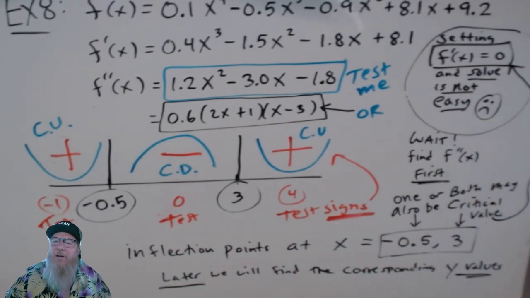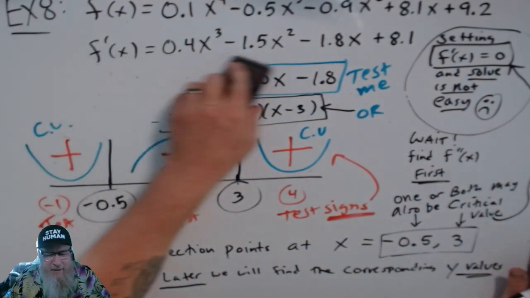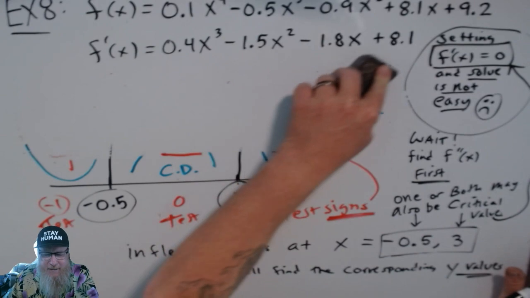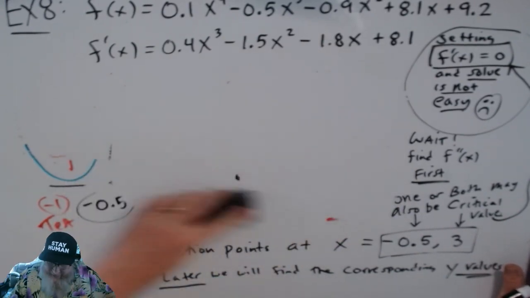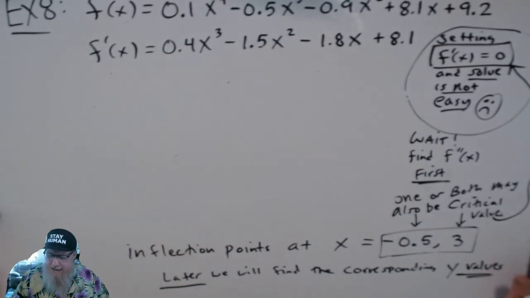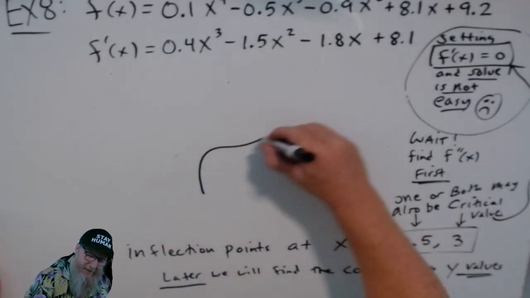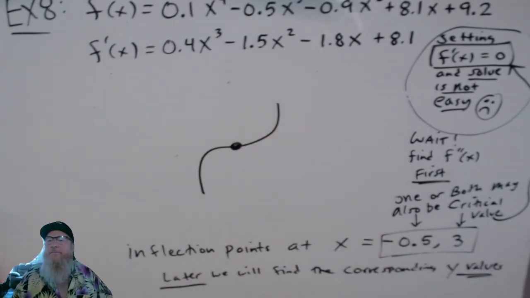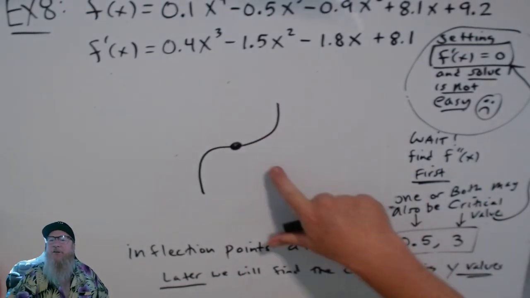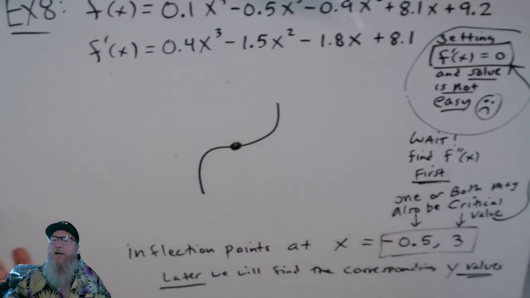We saw that earlier in the lecture, right at the very beginning of today's lecture, that there's a possibility, it's not a guarantee, but it's a possibility that an inflection point is also a critical value. For example, like this. This is a critical value that's also an inflection point. So it's changing its concavity.